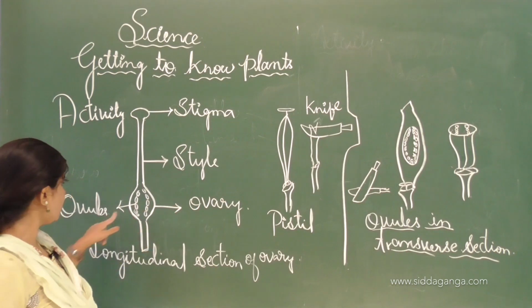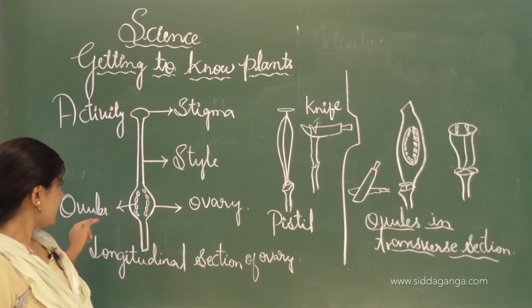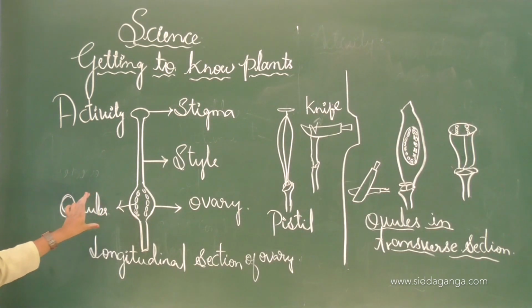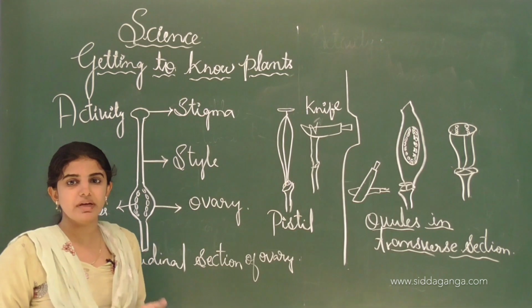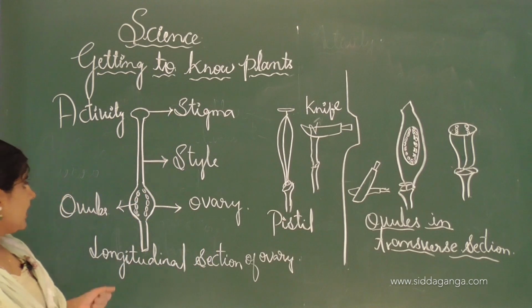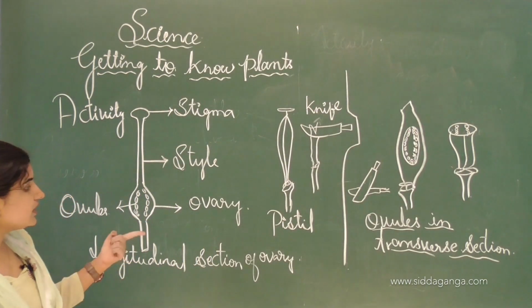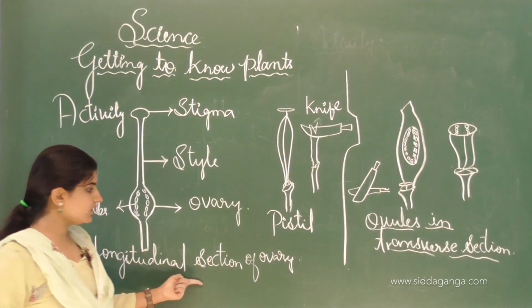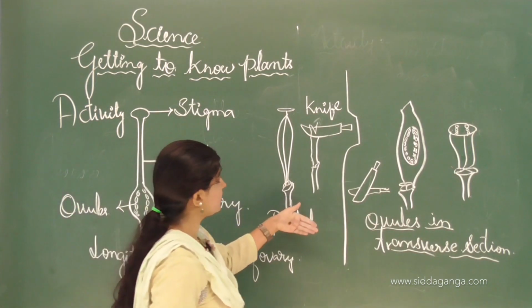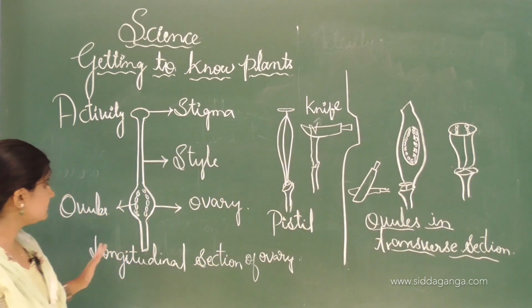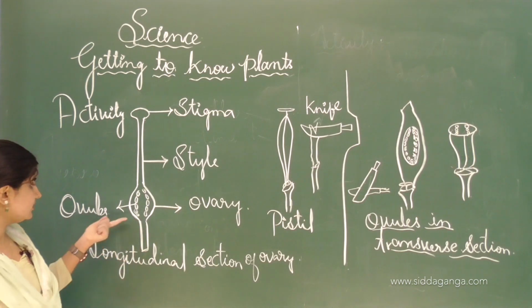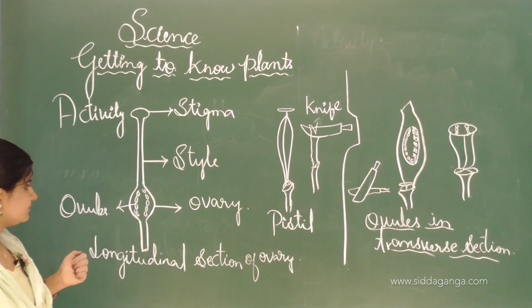See, in the ovary, ovules will be present, and it is the female reproductive part of a flower, whereas the stamen is the male reproductive part of a flower, which is involved in reproduction. And see, if we cut the pistil in a longitudinal way, we can see the different parts like this. Through the microscope only, we can easily identify these ovules and the ovaries.